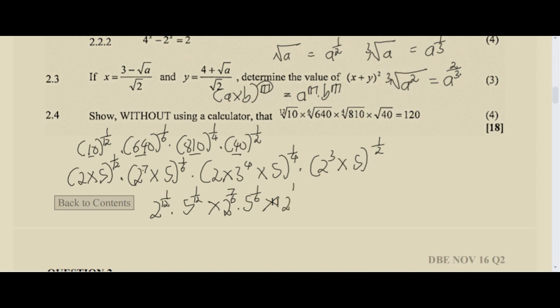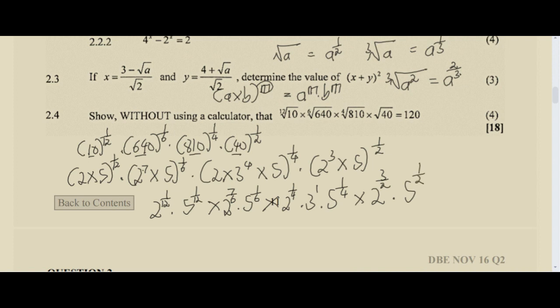This is 2 to the exponent of 1 over 4. Then if we say 4 multiplied by 1 over 4, that's 1. And then 5 to the exponent of 1 over 4. Now we are on the last bracket. This is 3 multiplied by 1 over 2. That's 3 over 2. Then we have 5 to the exponent of 1 over 2.